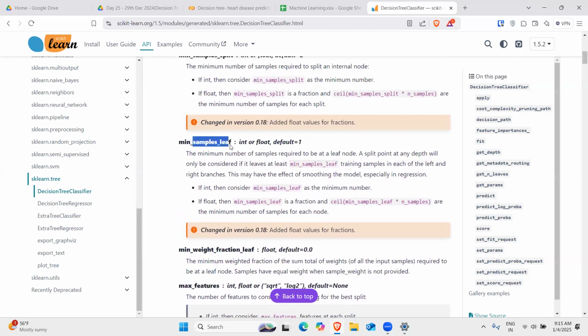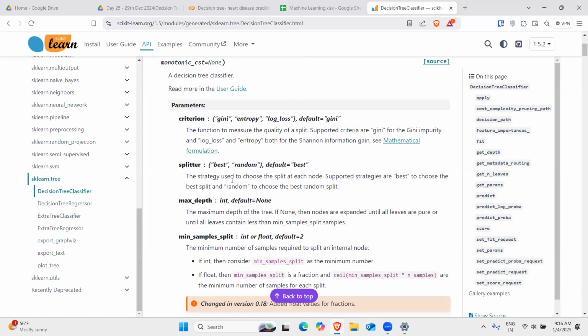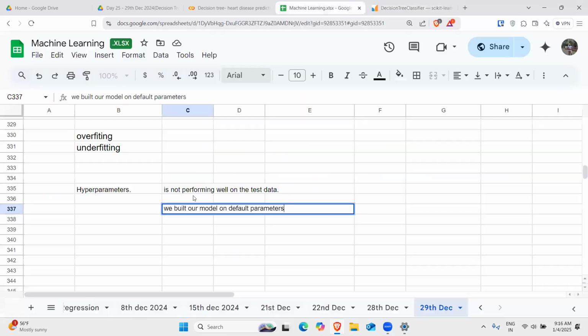We have minimum sample leaf, that is the minimum number of samples required to be at a leaf node. A split point at any depth will only be considered if it leaves at least minimum sample leaf training samples in each of the left and right branches. This may have the effect of smoothing the model, especially in regression. So you can read this. It's not that important, so that's the reason I'm not taking this.